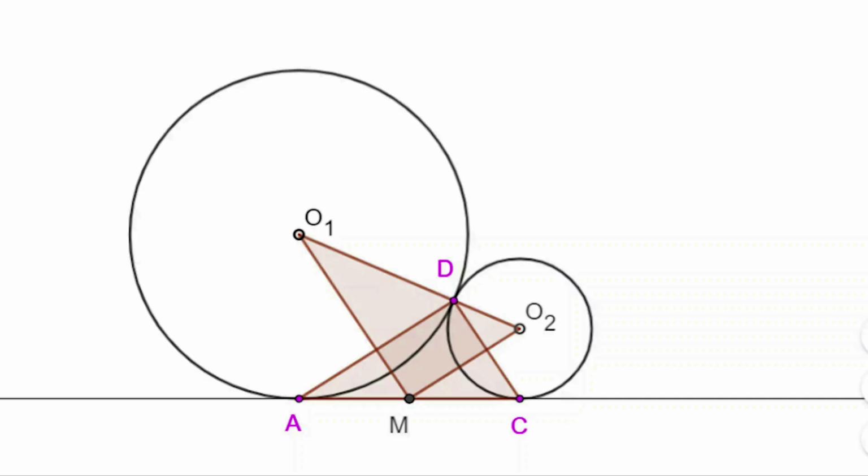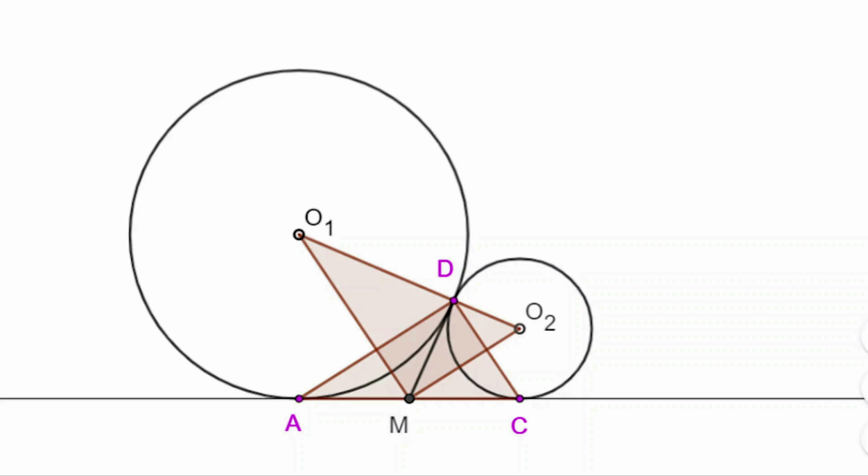Now, to the point. Let's label the midpoint of segment AC as M. Then DM is the median of triangle ADC. And at the same time, it's the height in another triangle, O1O2M.